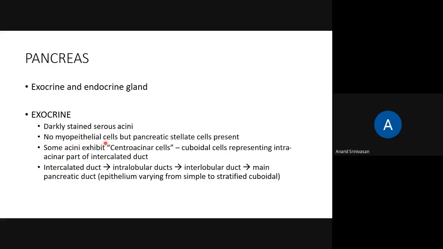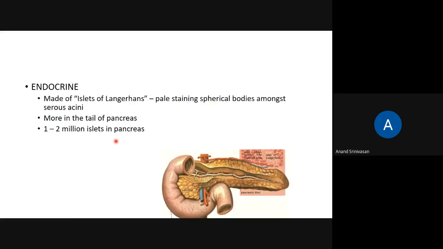There are no myoepithelial cells, but pancreatic stellate cells are present. There are centroacinar cells, a characteristic feature seen in the pancreas. Lastly, there are ducts: intercalated, intralobular, interlobular, and the main pancreatic duct. These make up the exocrine pancreas, which was discussed earlier.